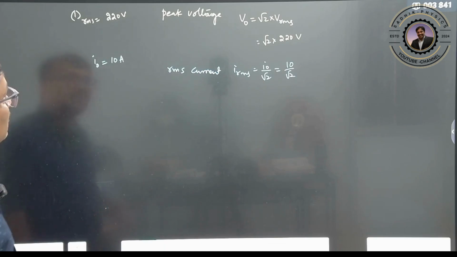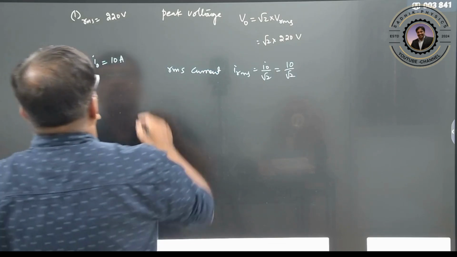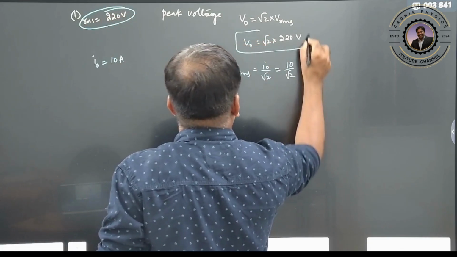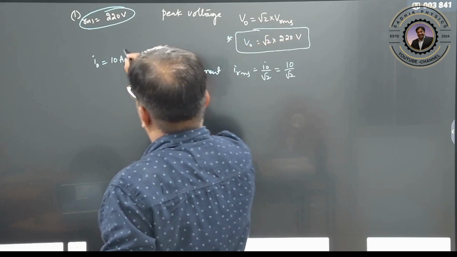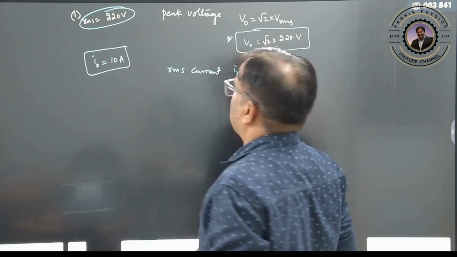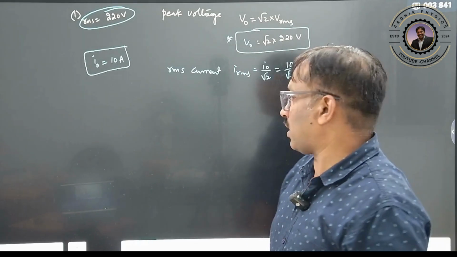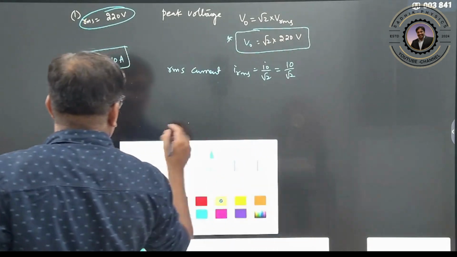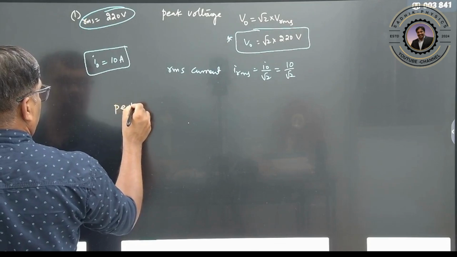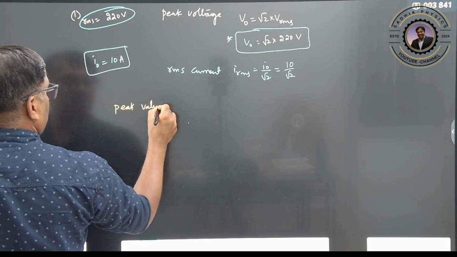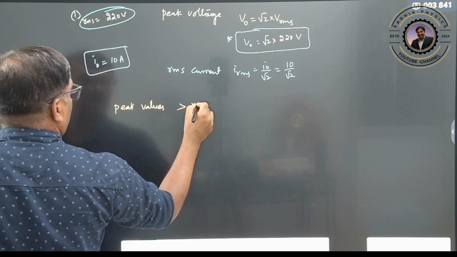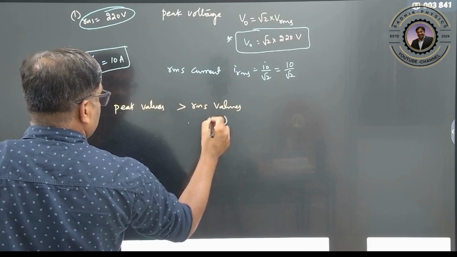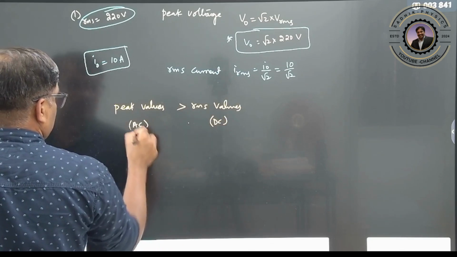Can you tell me which is larger here: the peak voltage and peak current, or the RMS values? You know that peak values are greater than RMS values. The RMS value is like DC, and this is like AC.